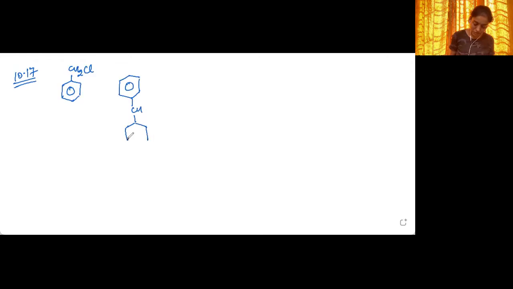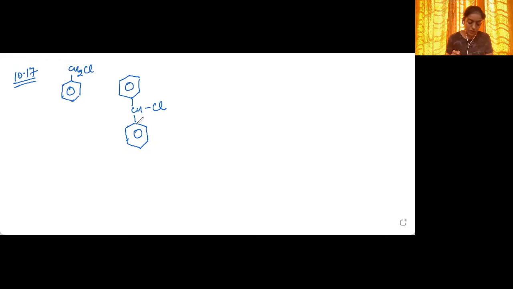This is not dibenzyl chloride actually. This is a molecule to which one phenyl substituent is also there. This will not be called dibenzyl chloride.